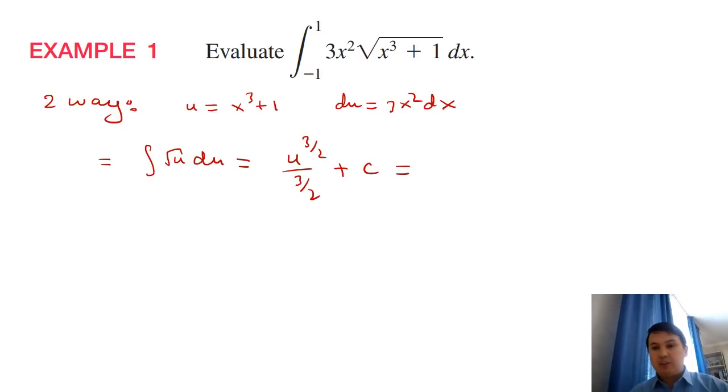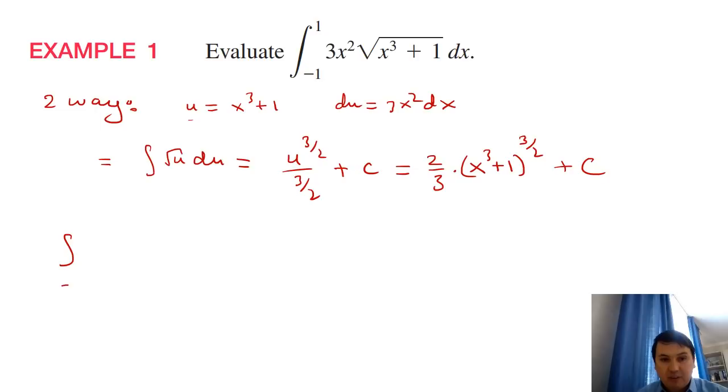But now here is the difference, why it's the second way. What is the specialty? Instead of u, replace u by x cubed plus 1. So this becomes 2 over 3 times x cubed plus 1 to the power 3 over 2. So this is just the indefinite integral part, right? But how do you handle the definite integral?